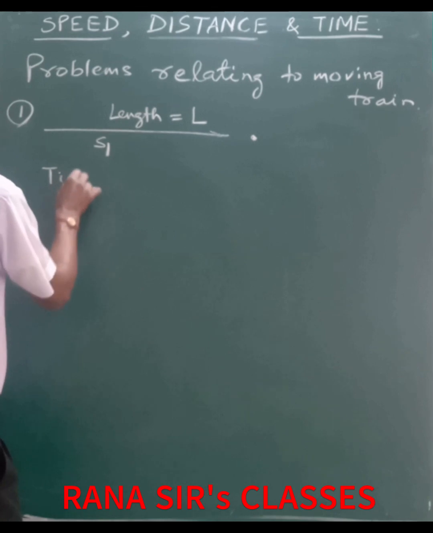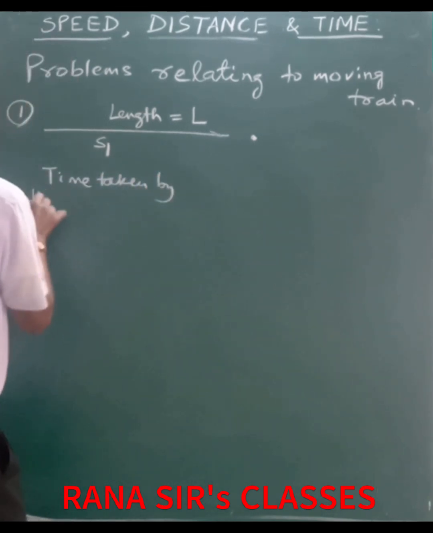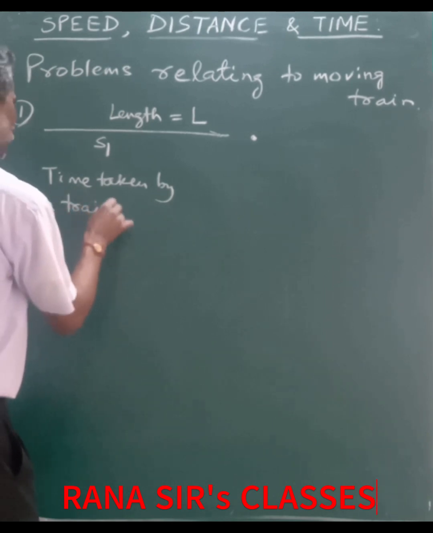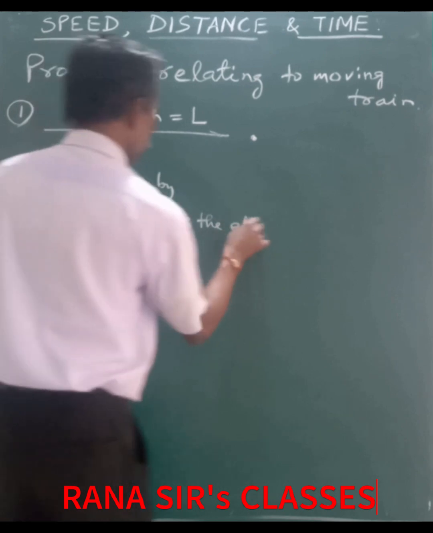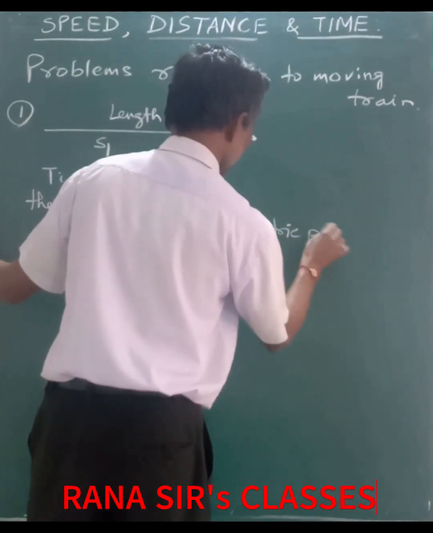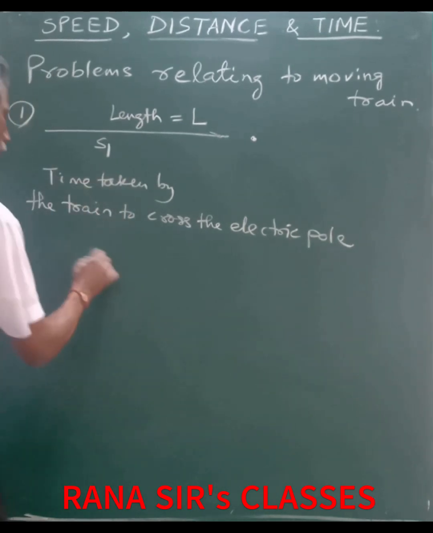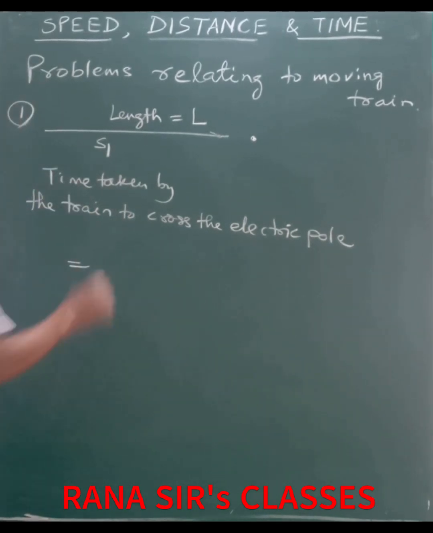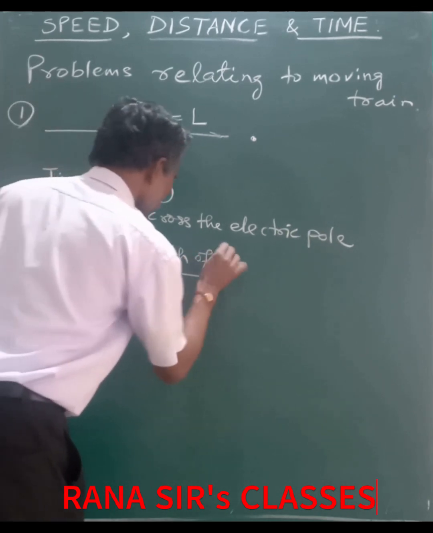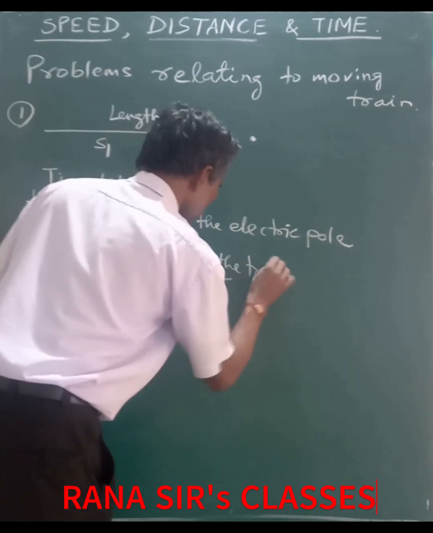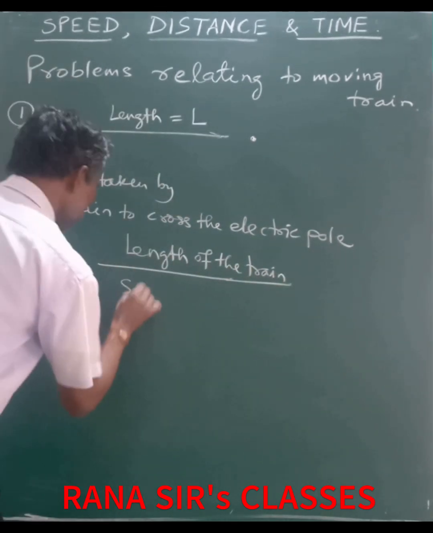Time taken by the train to cross the electric pole is equal to length of the train divided by speed of the train.